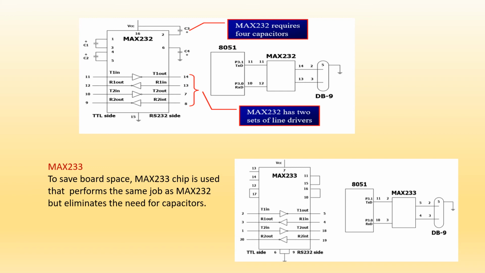The TTL side has to be connected to the microcontroller, and the RS-232 side has to be connected to the DB9 connector. At the side I have the diagram of how to connect the 8051 to RS-232, that is the DB9 connector, via the MAX232. In the diagram it is already given which is the TTL side and which is the RS-232 side, so similarly you need to do the connection.